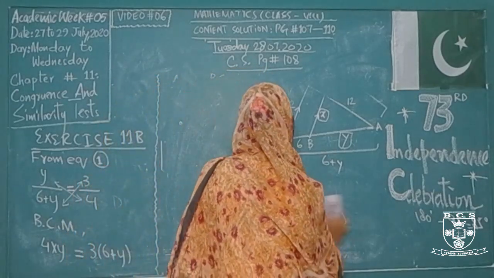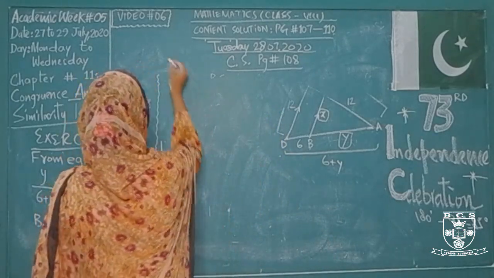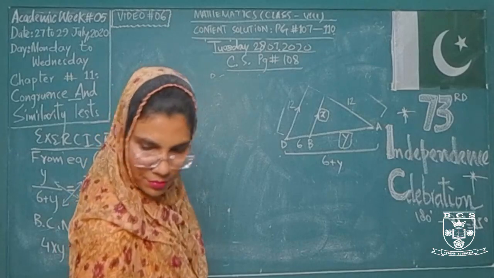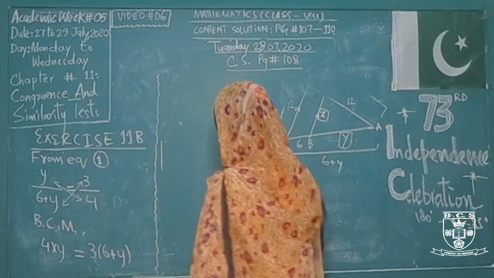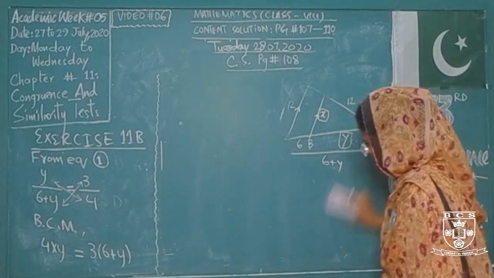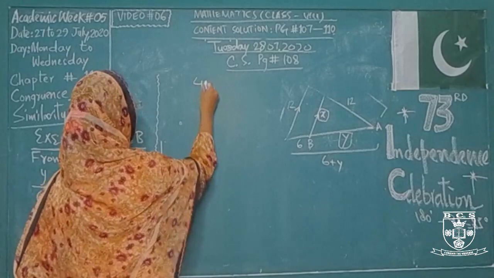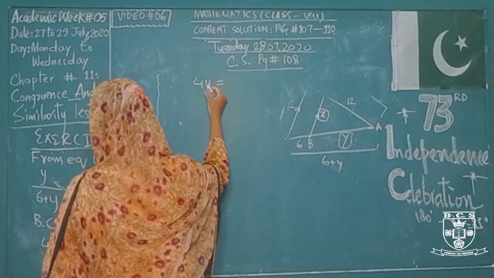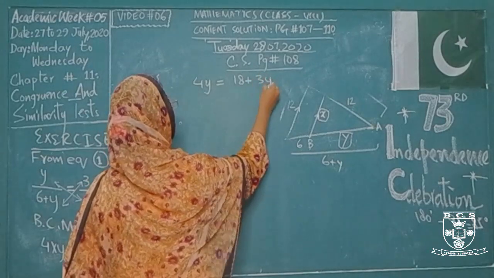Now we will solve this. 4 multiplied by y is equal to 4y, and on the right hand side, 3 multiplied by 6 is 18 plus 3 multiplied by y, this is 3y.